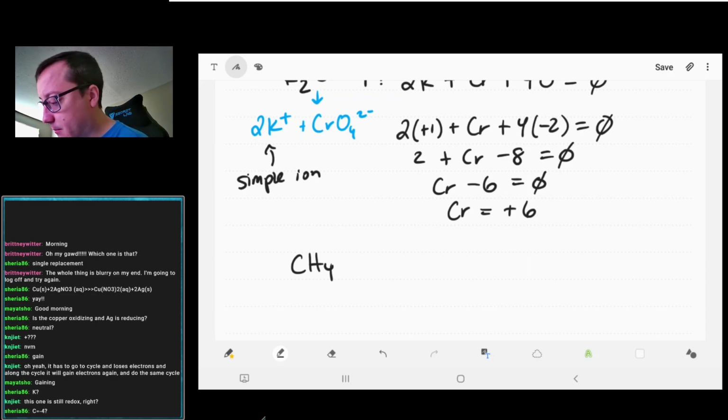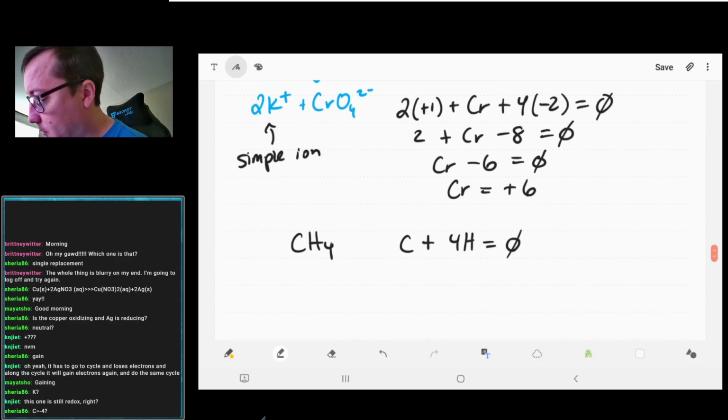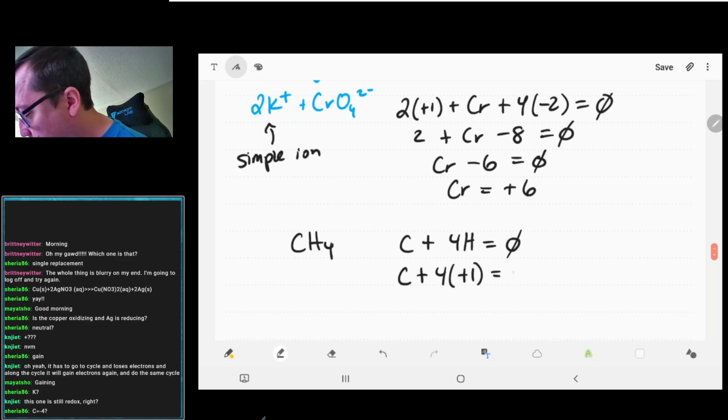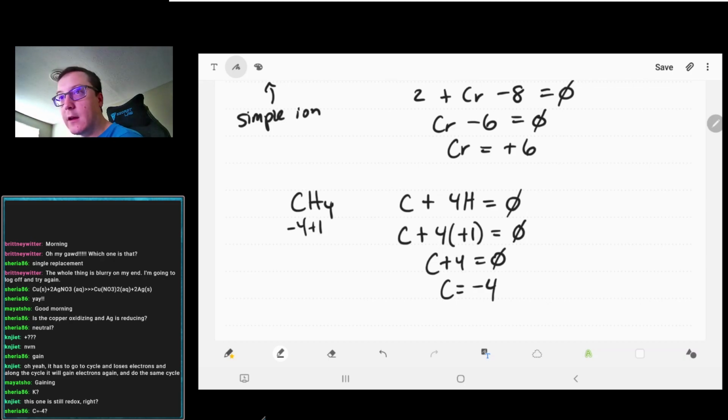Okay, so absolutely, very nice, Sherry. So we know that C plus 4H must be 0. Neither of these are simple ions, nothing's by itself. We have a rule for hydrogen, which is that hydrogen is +1. And so Sherry has seen that carbon will be -4. All right, so we would write that like so.